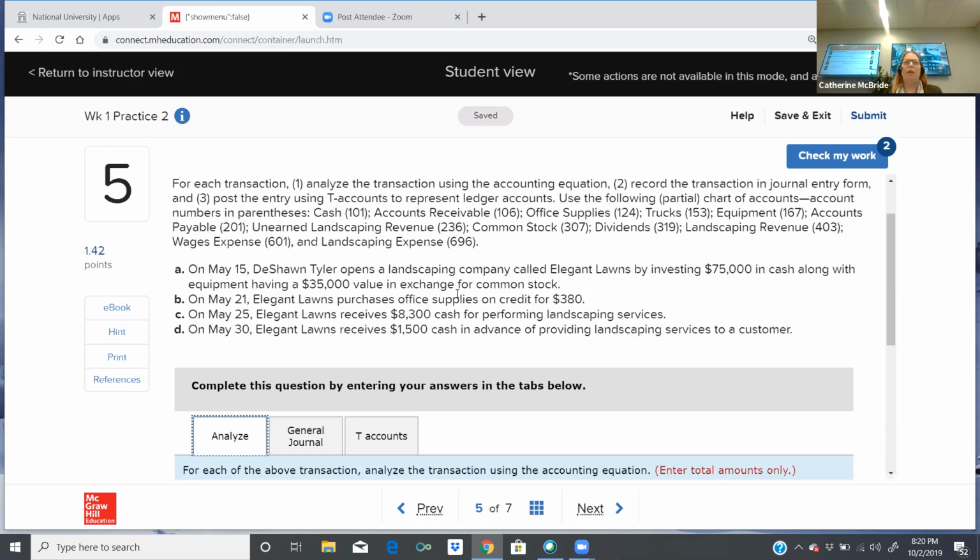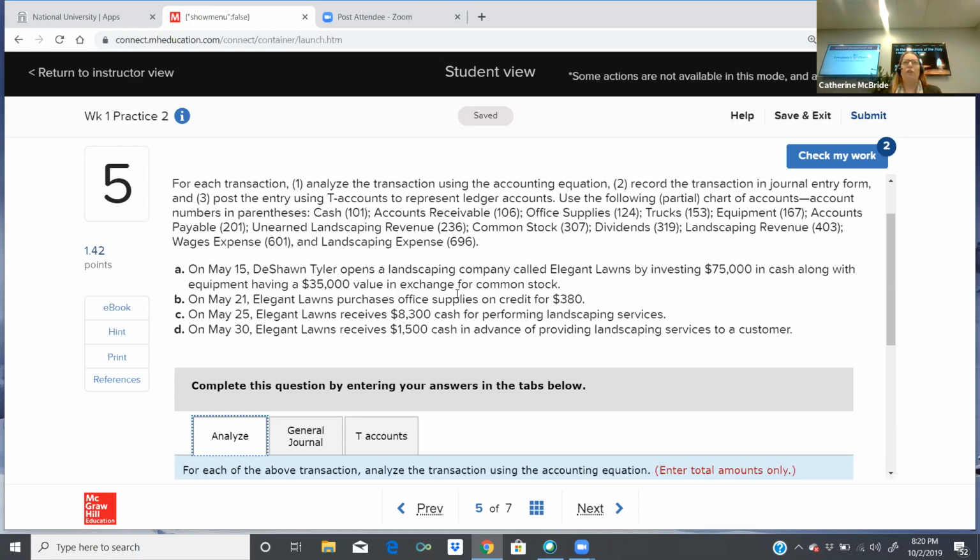When we get money in advance, do you remember what that's called? We talked about it a little bit in an earlier video. When we're paid money in advance, that's called unearned revenue because we have not earned it yet. All right, so we have cash and unearned revenue.